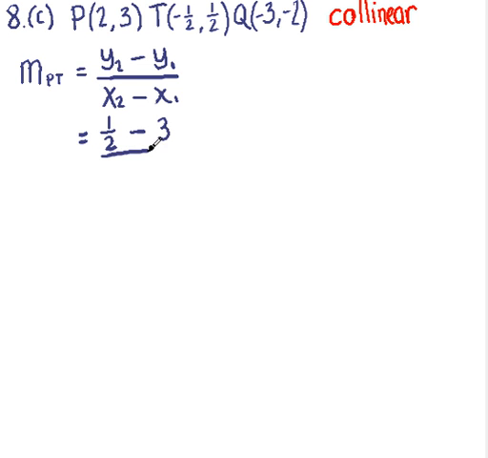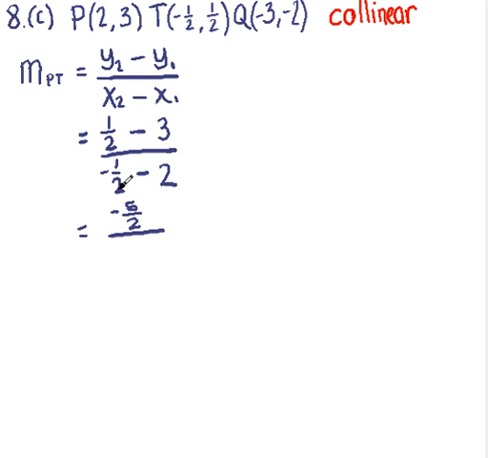And that's divided by x2, which is minus a half, take away x1, which is 2. So on the top line, we have a half, take away 3. That gives us minus 5 over 2.